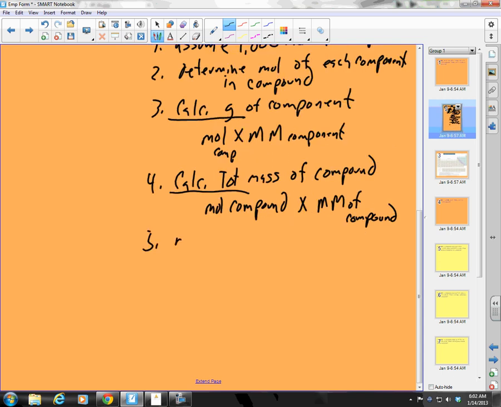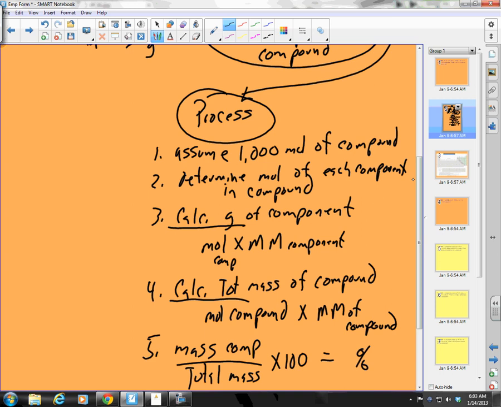I'm going to take mass of my component, or grams of my component, divided by total mass, which is grams, times 100. There we go. And that'll give me my percent composition. So those are the 5 steps, and really it's just the component of interest here. Determine the moles of component in the compound. Component of interest, whatever that is. That's all there is to it.